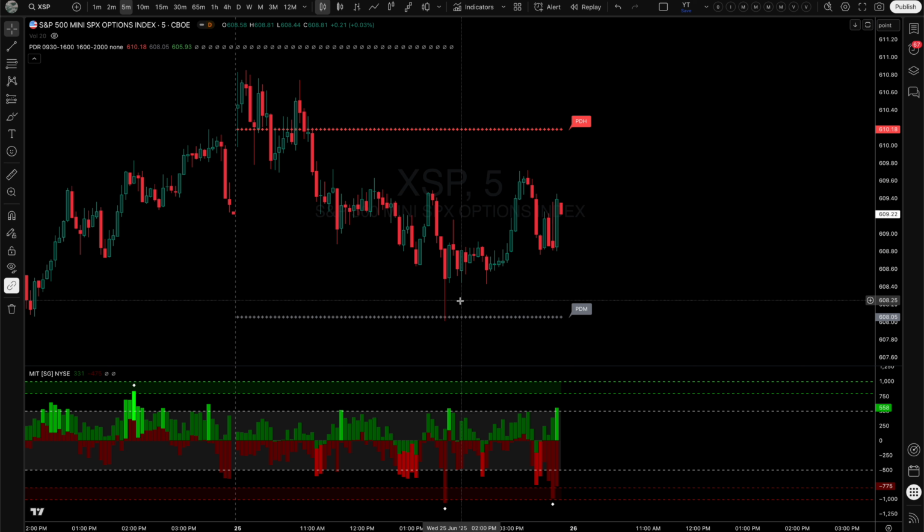A couple of things. XSP has been becoming more liquid and it is cash settled. If you do not know the difference between cash settled and shares settled, European versus American style options, very simply, cash settled means that by expiration, all of the options that you have, when they're assigned or exercised, it's all in cash.